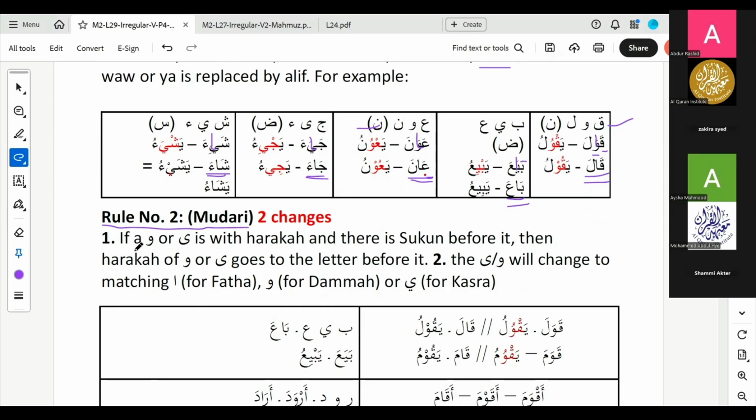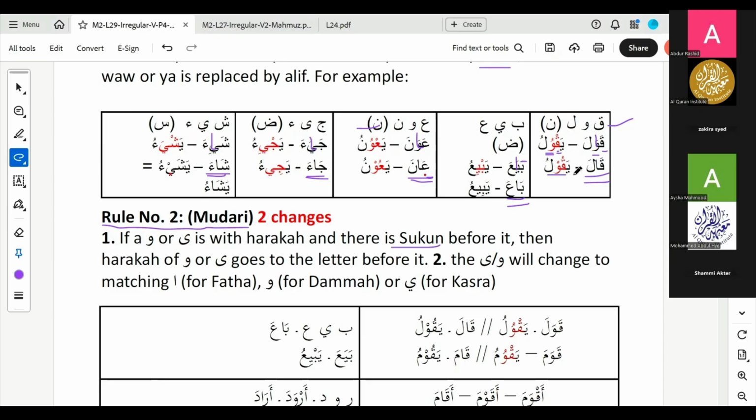So what it's saying is if waw or ya is with harka. So here we have waw, the middle letter, with harka, with dhamma. But before that, there is a sukoon. So here we have sukoon on the fa kalima. So what it's saying is the harka of waw will transfer to the letter before it. So the waw with dhamma will transfer to the fa kalima.